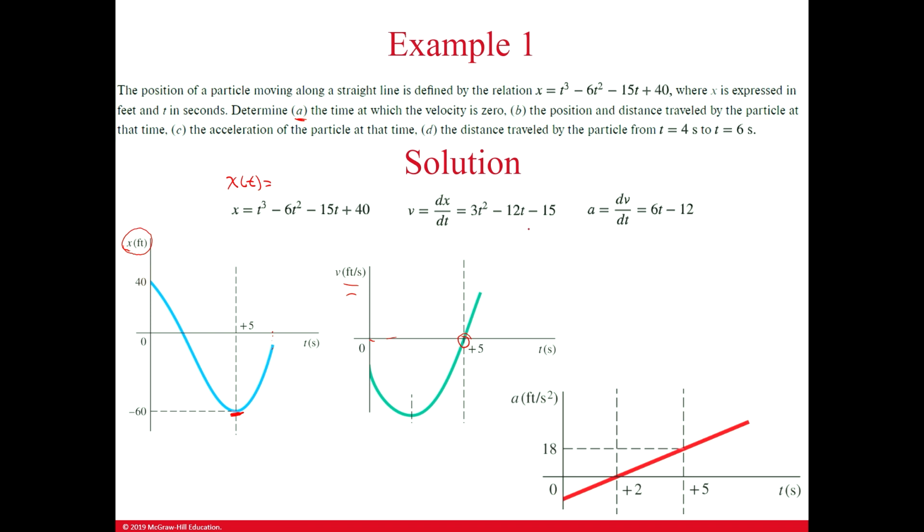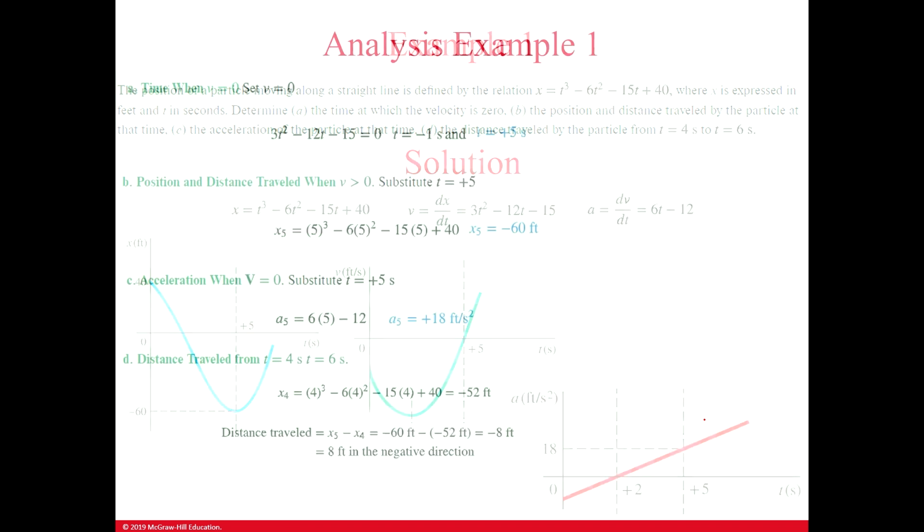I'll also show you how to derive these with Wolfram Alpha to make your life simple, because right now I'm assuming that you already know this, but to save time, we're going to use software to derive things. Anyway, this function, 6t minus 12, is a linear function, so it is a straight line that will help us solve some of the questions about the acceleration.